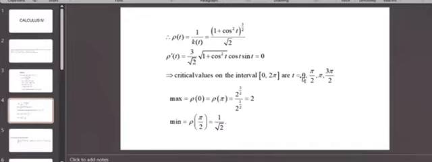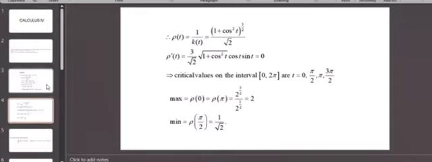So rho of pi over 2, you plug in pi over 2 here, will give you 1 over square root of 2. So this is the maximum radius of curvature, and this is the minimum radius of curvature. You can test this using the first derivative test, and you'll see that this is true.